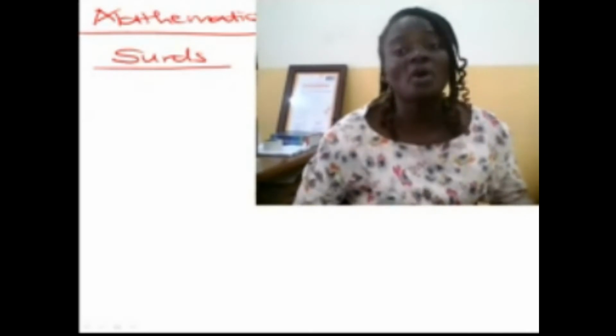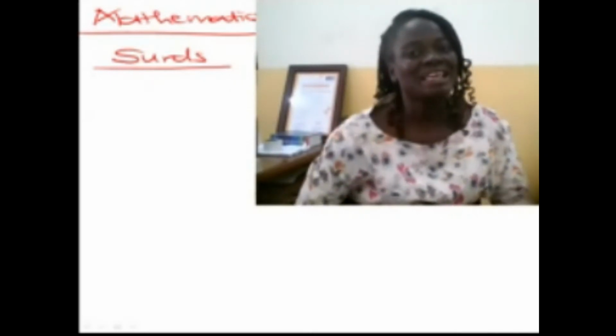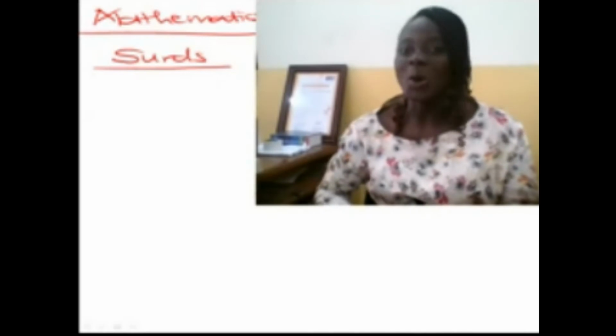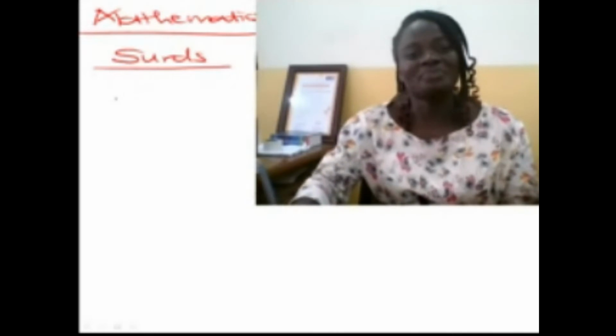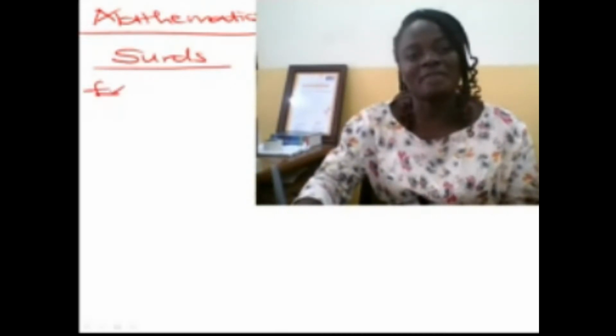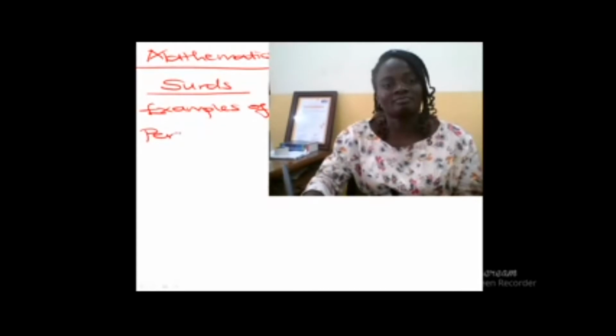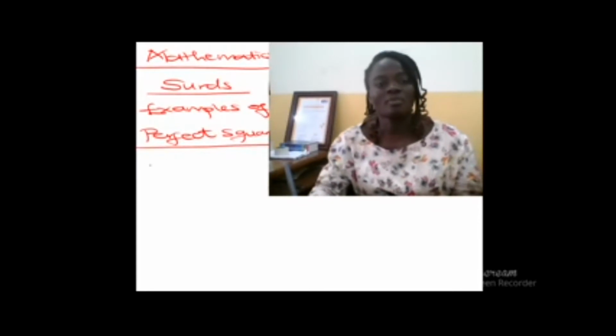Before we come to surds, let's remind ourselves of some of the perfect squares that we have. Examples of perfect squares. The first we'll talk about is the square root of 4.